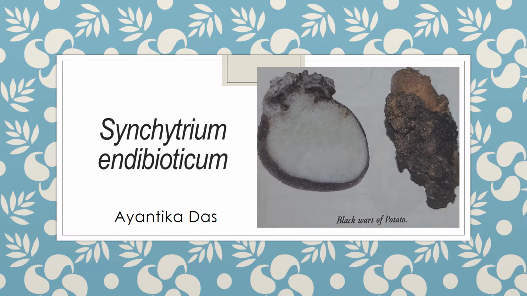Though potato is grown all over India, the maximum damage caused by this wart disease is found only in the cool climate of the hilly region. So from this we can easily infer that Synchytrium endobioticum is mostly dominant in cool climate. They grow well in cool climate.